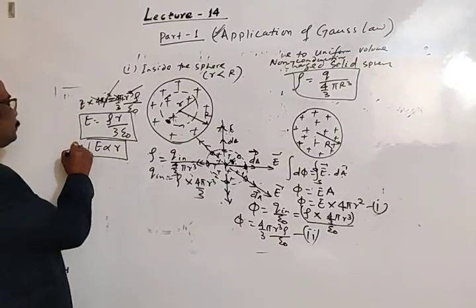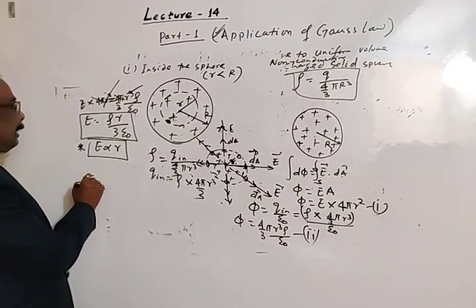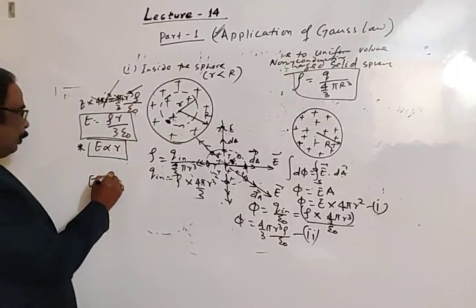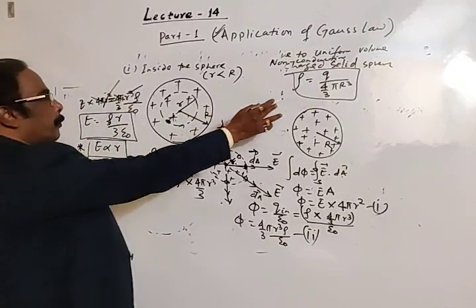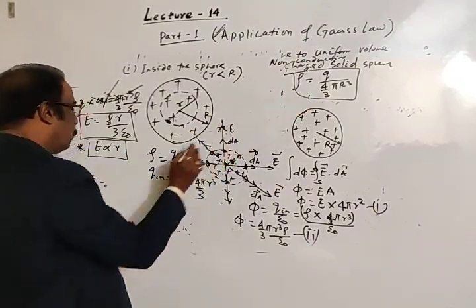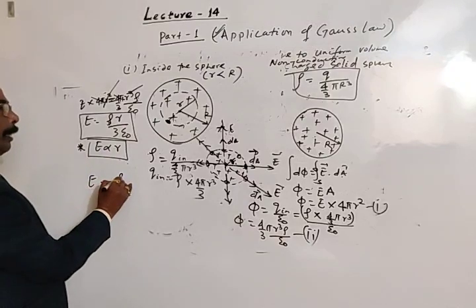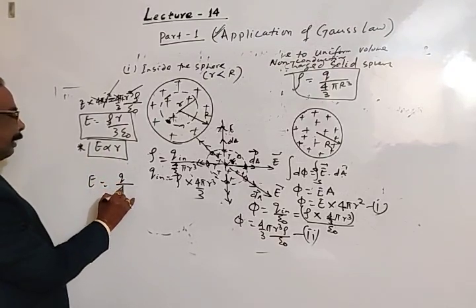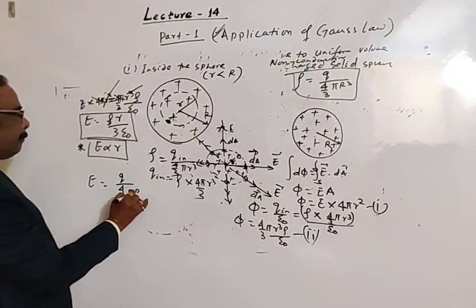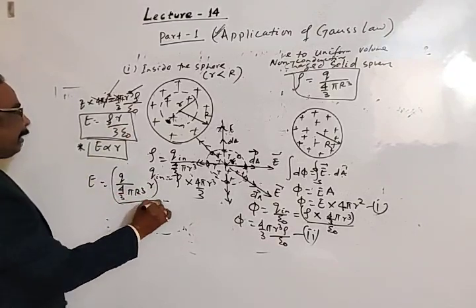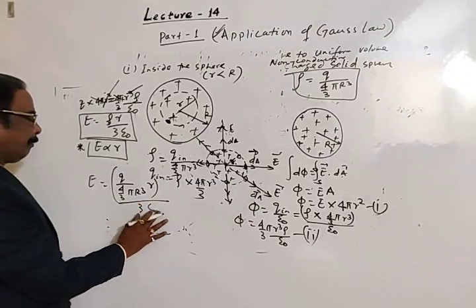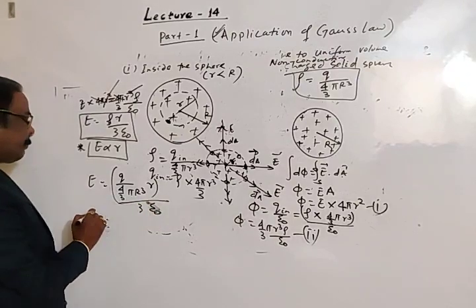How? This is the first form. Then the electric field is ρ, where ρ is the uniform charge density. Of course we can put this value in place of ρ: in place of ρ we can write Q divided by 4/3 π r cube, times r, divided by 3 epsilon naught.